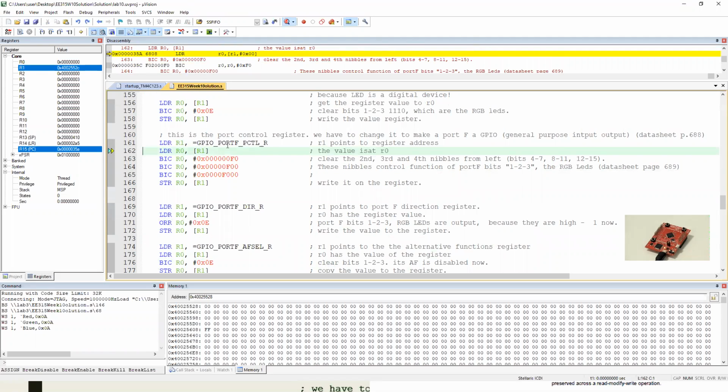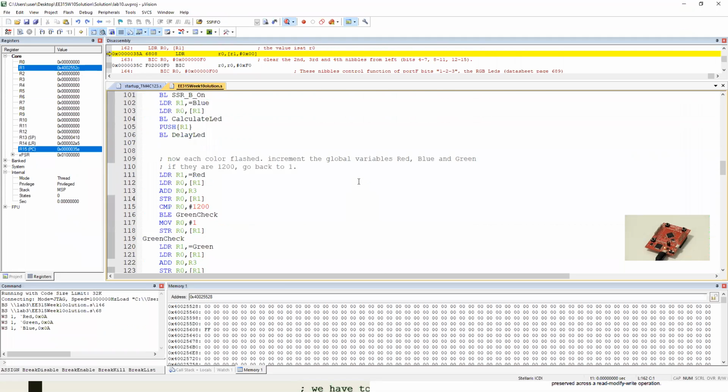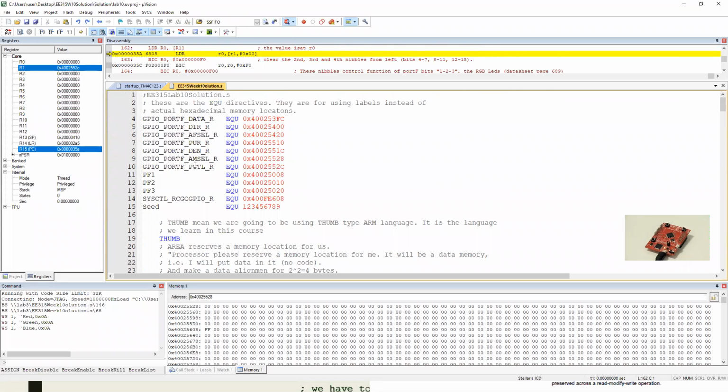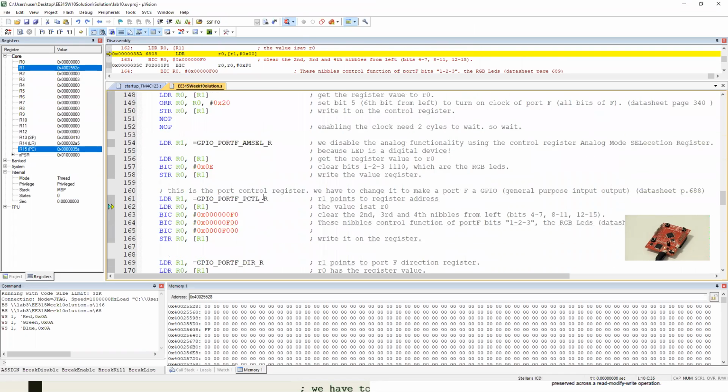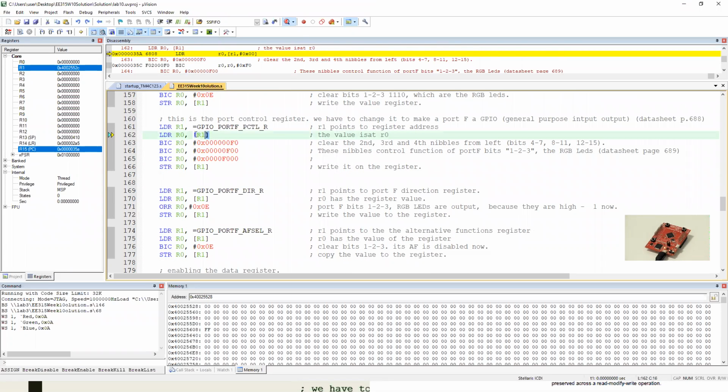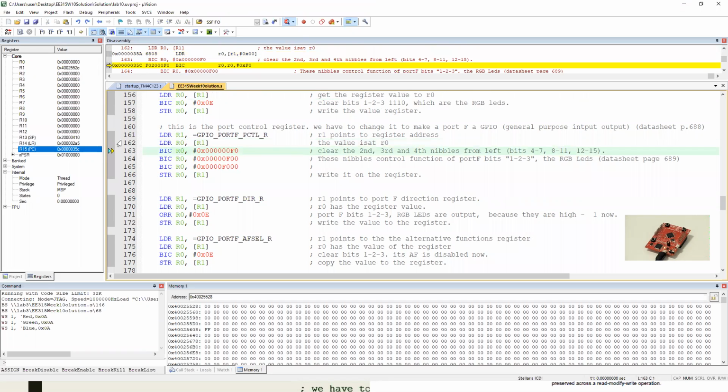So I'm getting the address value to R1. In R1, I have the address value, because it was defined so in the EQU. As you can see, the same. Good. So I get the initial value to R0. In R0, they're all zeros because initially it was zeros. Nobody else changed it.